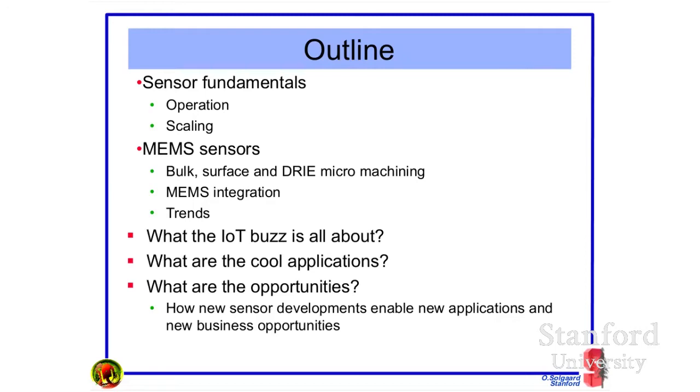Then, towards the end, once we have understood what the MEMS sensor is and what it does, we'll talk a little bit about the Internet of Things and how that is going to be enabled by MEMS sensors.